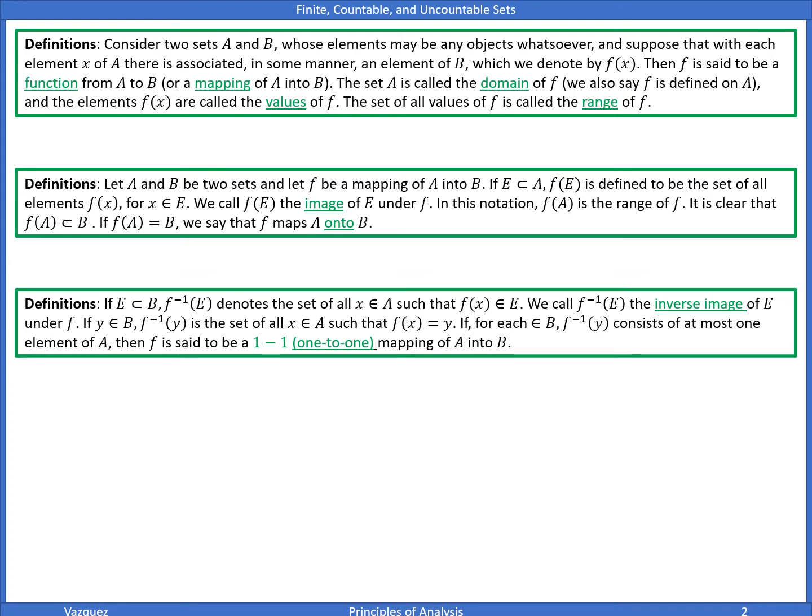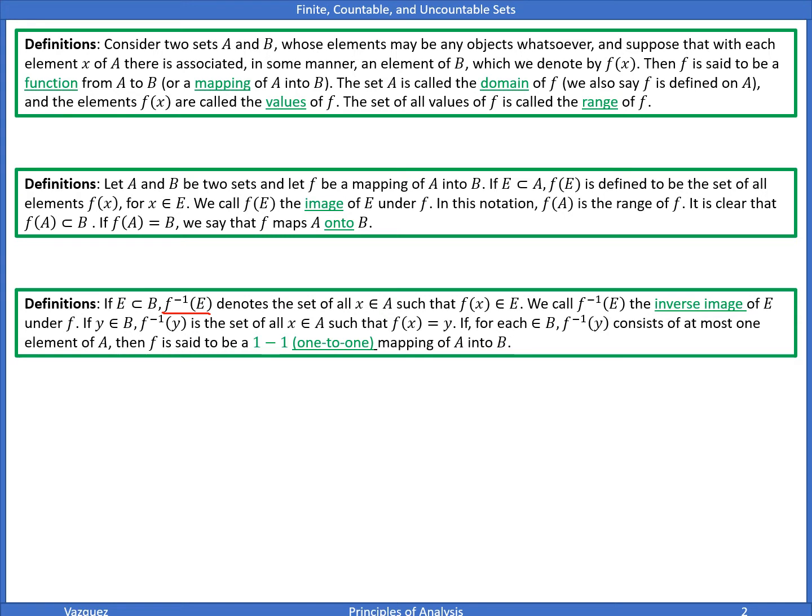If E is a subset of B, f inverse of E denotes the set of all x in A such that f of x is in E. We call that notation the inverse image of E under f. If y is in B, the inverse image is the set of all x in A such that f of x is equal to y.